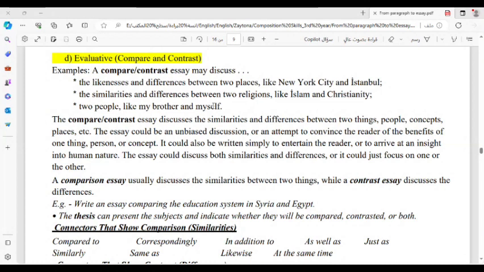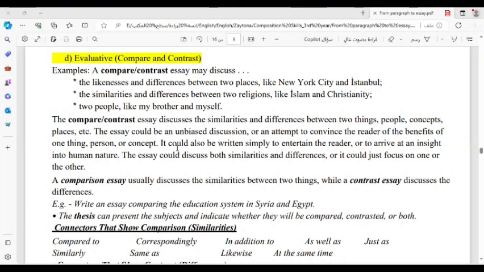It could also be written simply to entertain the reader or to arrive at an insight into human nature. The essay could discuss both similarities and differences, or it could just focus on one or the other.